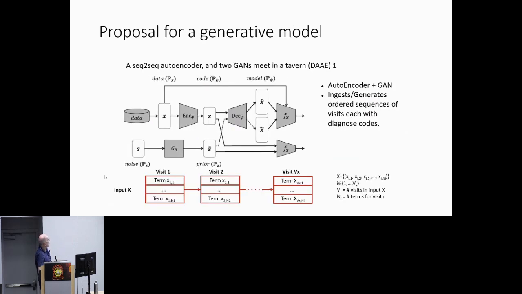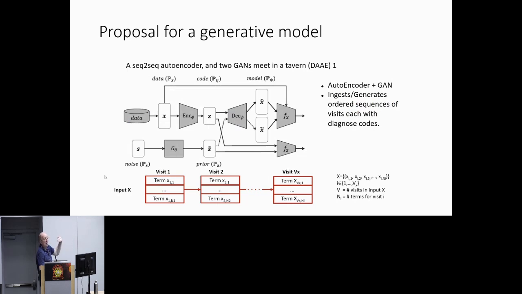At the end, we use a combination of autoencoder and GAN. In the first stage, we have a very simplified version of a patient, which would be a disease trajectory. That would be the visits, and every visit has associated diagnoses or symptoms, right?